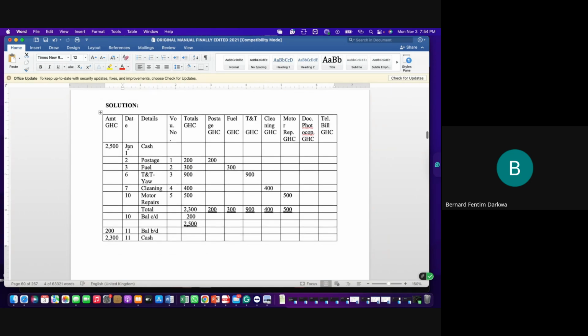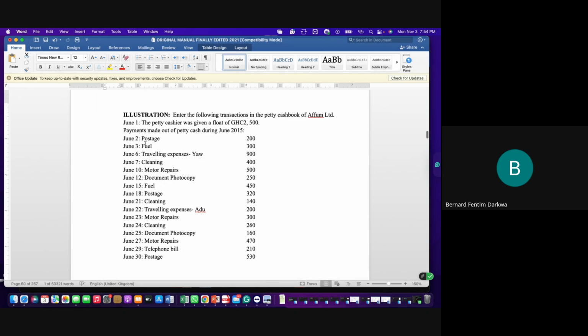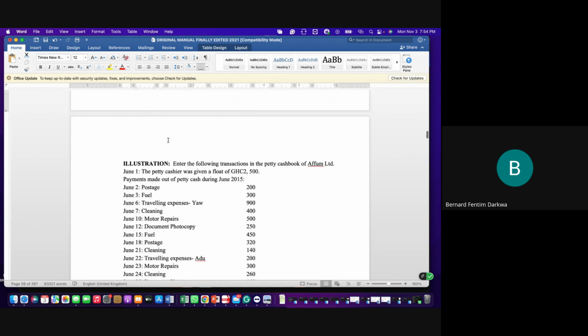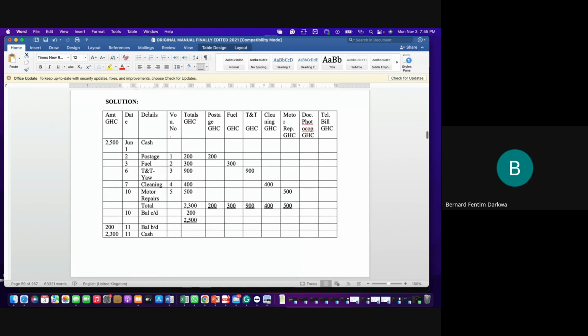So you debit the cash side. June 1st, 2,500. That's the amount you are receiving, and you see this has become simple because we have just taken away the ledger folio. So it is the details, the date and the amount. The debit side has only 3 items. The date comes first, then the details, cash, and the amount.